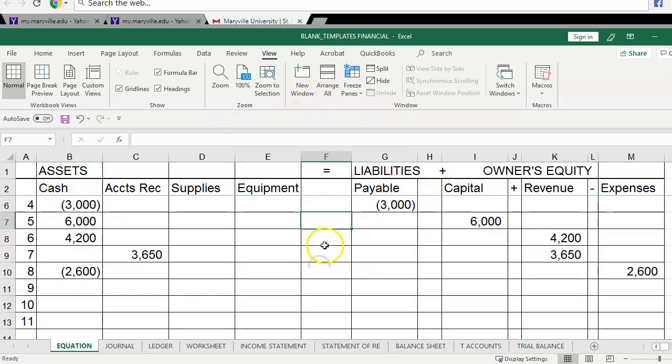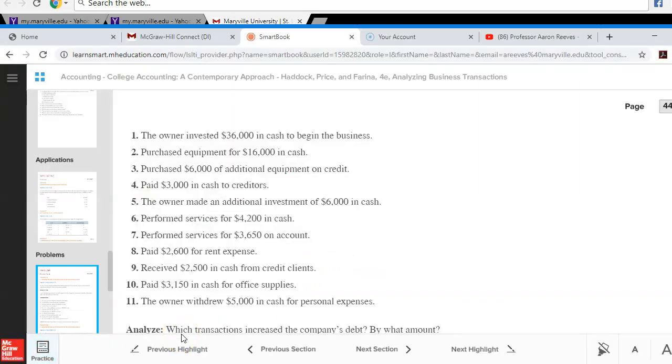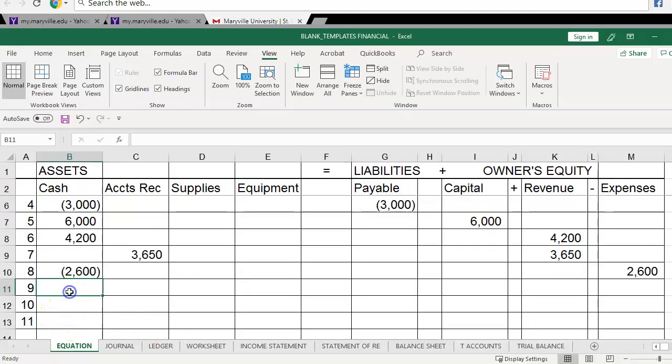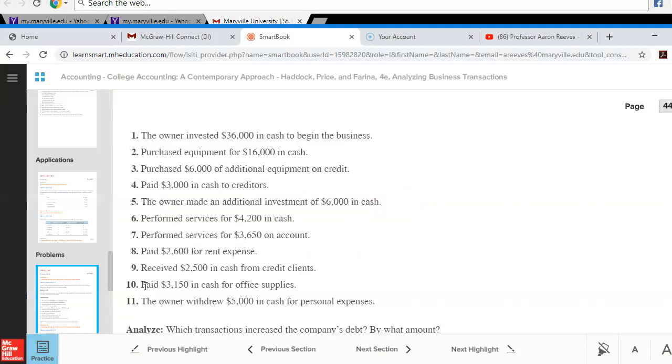There we go. So for number 9 again, receive $2,500 in cash from credit client. Your cash account will increase by $2,500, but accounts receivable is going to decrease by $2,500 because they owed us $3,650 initially. They just paid us $2,500, so we're going to see an increase in our cash account, but a decrease in accounts receivable.